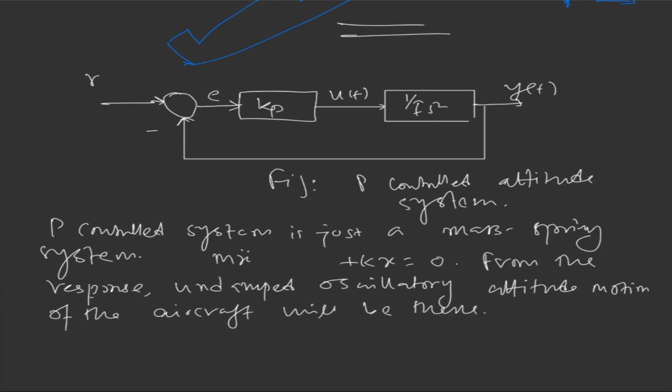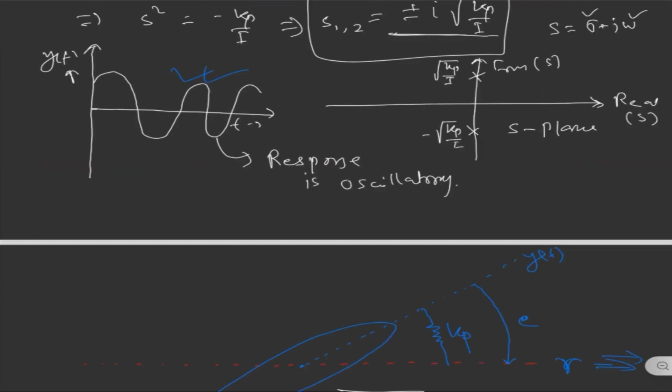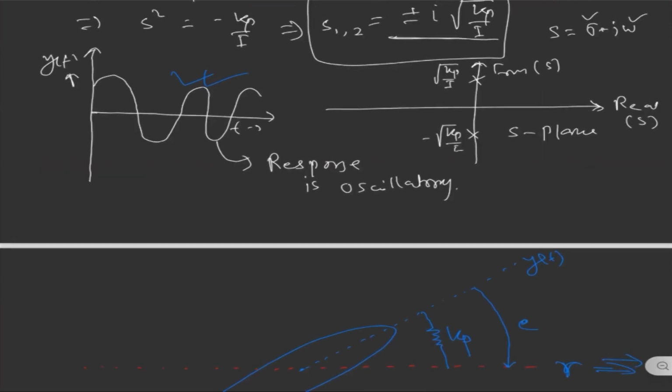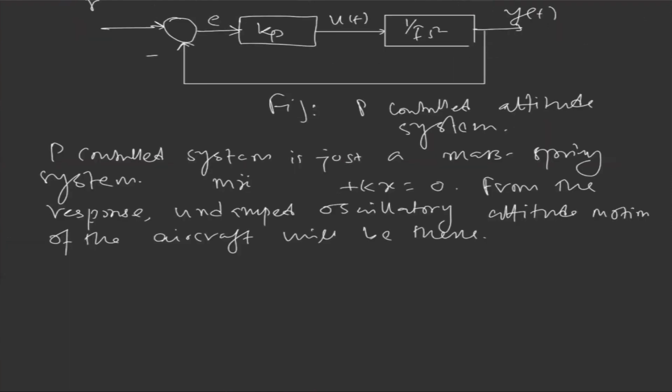So this is the problem in this particular attitude control system of the aircraft. Now, to resolve this issue, we need to consider another term, which is called a damper, in the system. So in the PD control system, we put a derivative term to compensate this kind of sustained oscillation behavior in the system. Now let's look at how the derivative control looks.